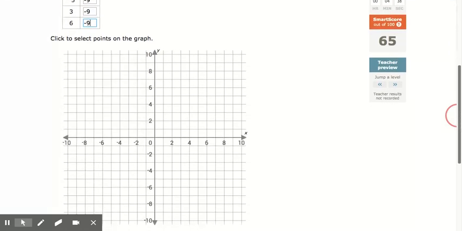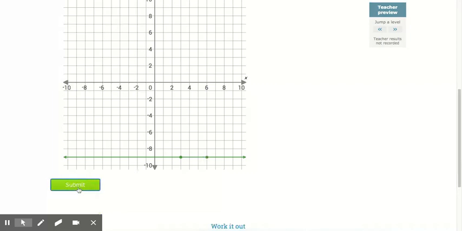So when I look at this, I could go, well, I have 3, negative 9. Then I can come over here to 6, but that's also negative 9. So we get a horizontal line going through negative 9.